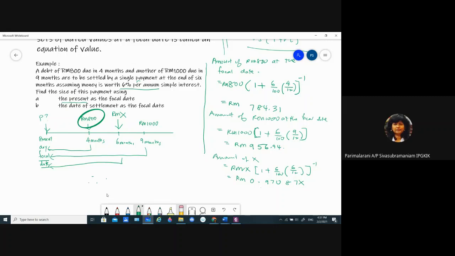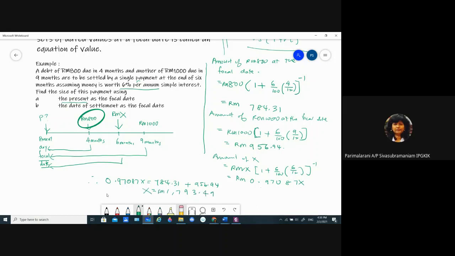So that means 0.97087x is equal to 784.31 plus 956.94. So this is 1,793 ringgit and 49 cents.